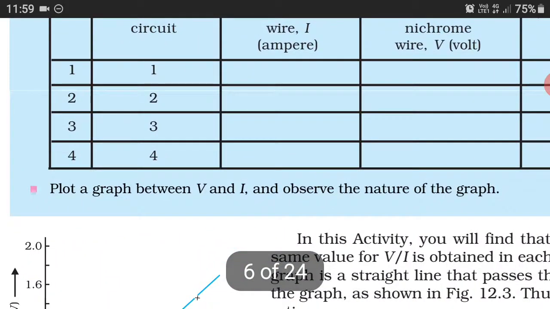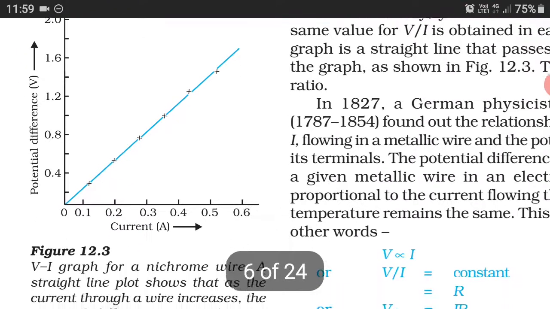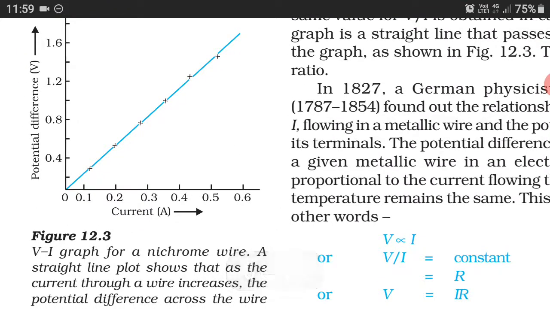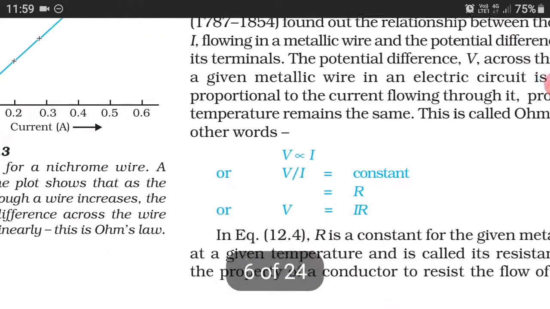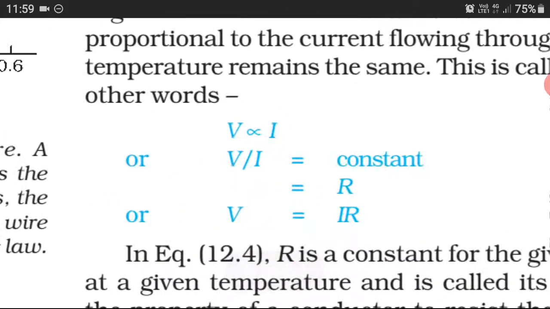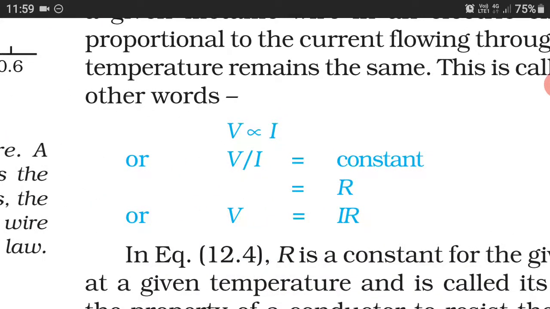The other thing he did was draw a graph between potential difference V and current I, and he noticed that he got a straight line graph. So from these two things, he concluded that potential difference is directly proportional to the current I flowing through it.